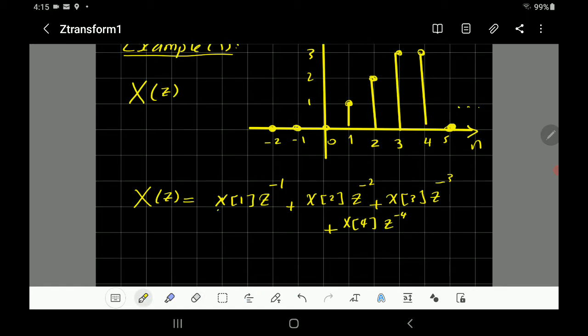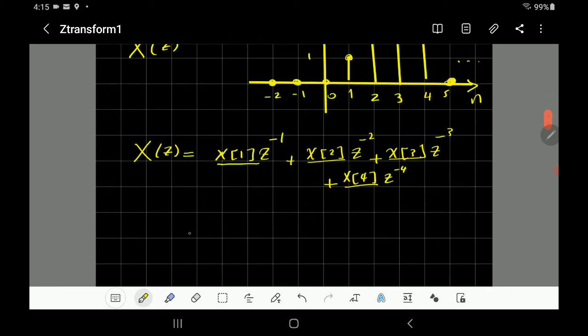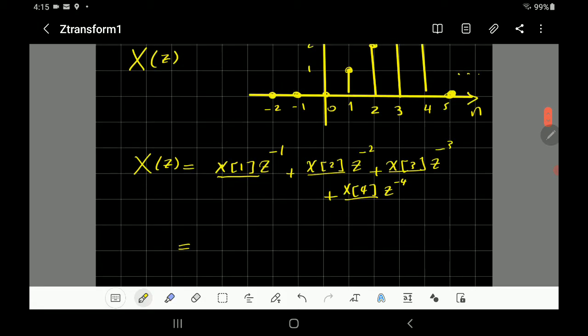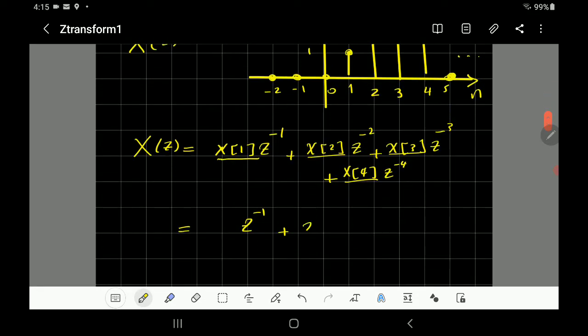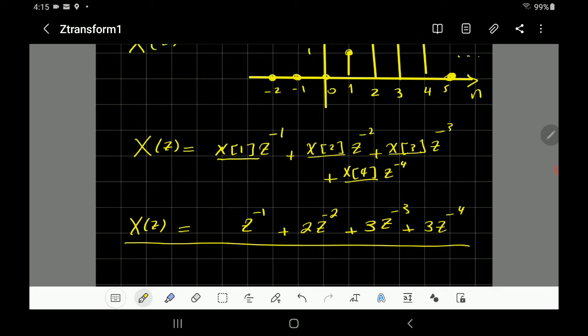Now I will substitute the values of x1, x2, x3, x4 from this sequence. x1 is equal 1, so I have only Z minus 1. x2 is equal to 2, so I have 2 Z minus 2, and the last two values are equal to 3, so 3 Z minus 3 plus 3 Z minus 4. So that's the transform of the sequence that was given. Okay, so it's an easy thing.